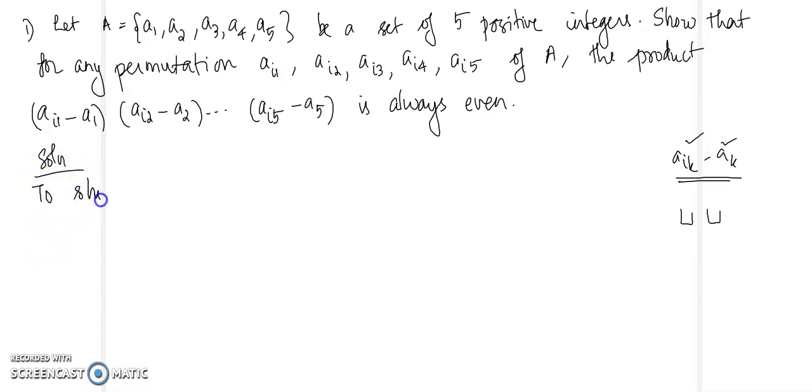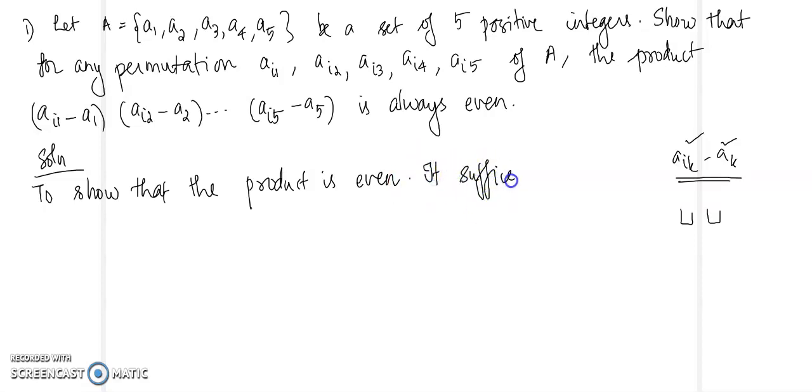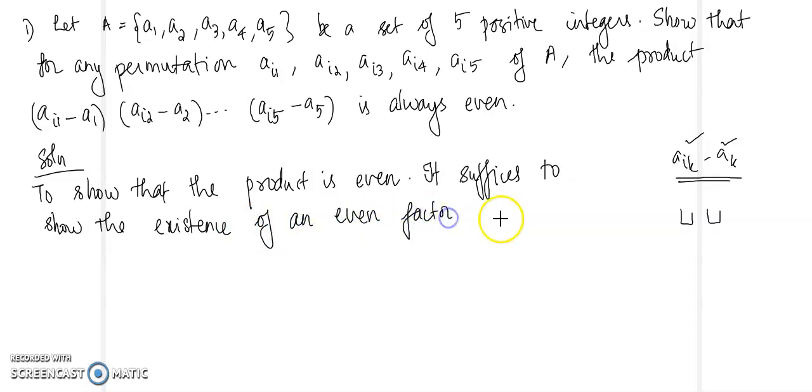So to show that the product is even, it suffices to show the existence of an even factor, say aik minus ak.